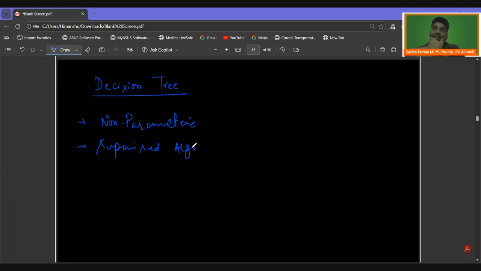If I assume that there is a distribution from which I'm getting this particular data, in that case, we need to determine the parameters of the distribution. But for algorithms like KNN and decision tree, we do not really have any assumption on the data. We just try to learn from the data without having any assumption about it. Hence, it's non-parametric.